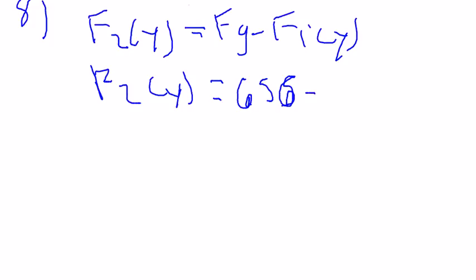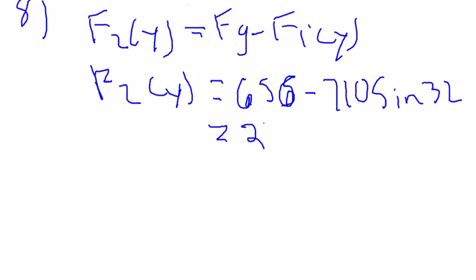Then you subtract, and in this case, using SOHCAHTOA, we use sine, which is opposite over hypotenuse, of 710 newtons on the right side, sine of your angle, 32. You should come out with a number around 279.75.